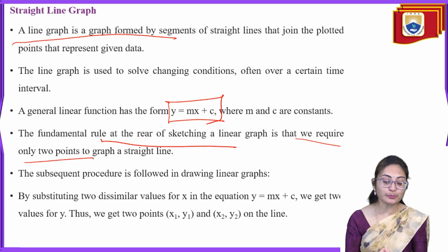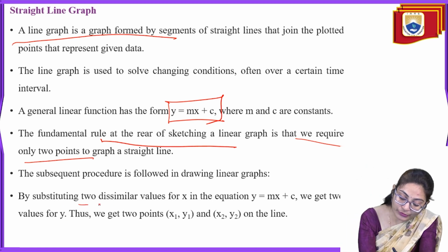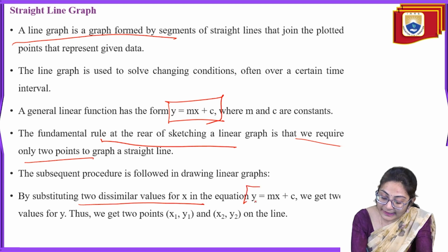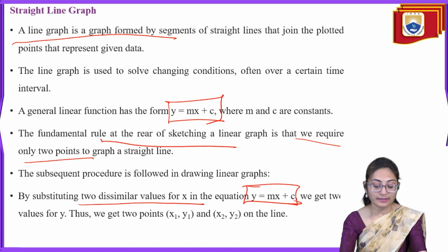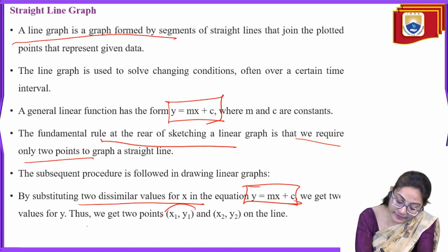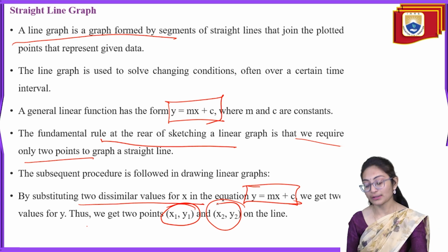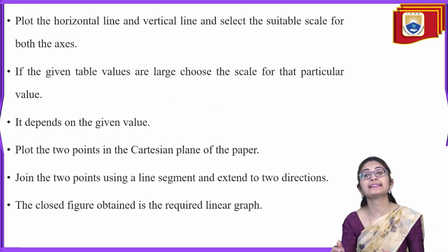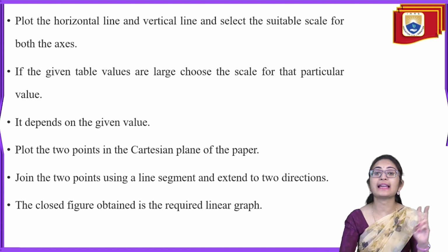The following procedure is followed in drawing a line graph: substitute two values for x in the equation y is equal to mx plus c, and we get two values for y. Thus we get the 2 points x1 y1 and x2 y2 on the line. So draw the horizontal line and vertical line, and then select a suitable scale for both axes.